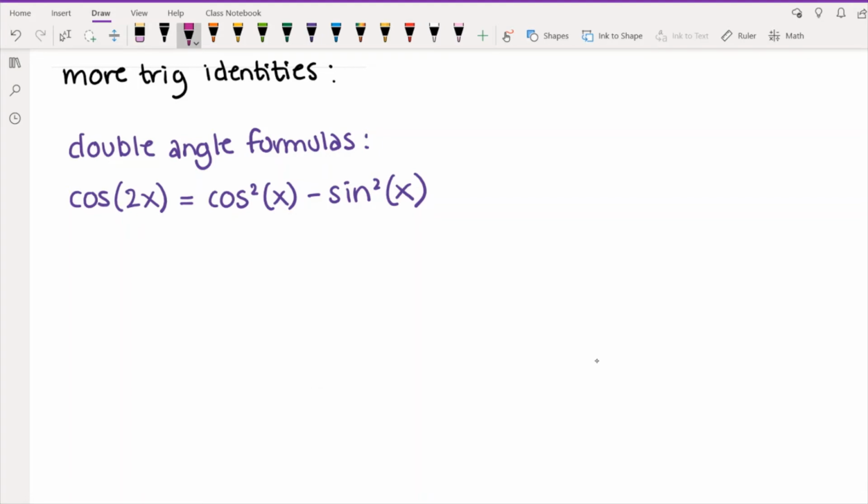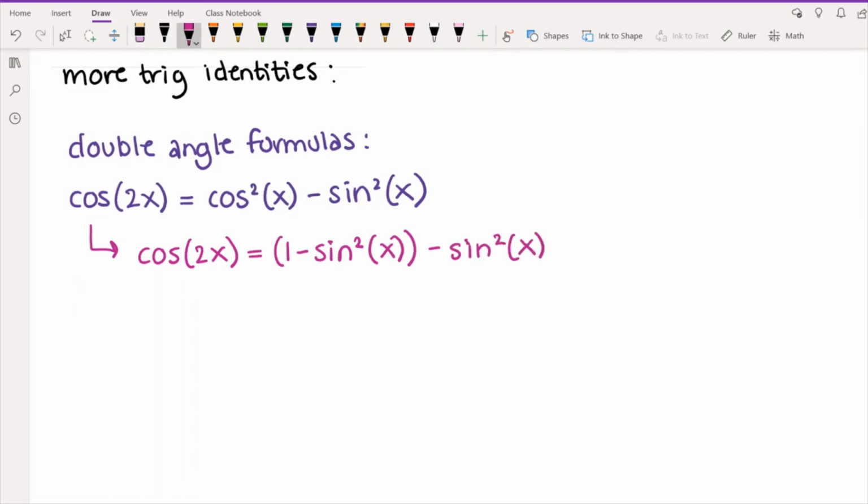If you were to take this formula and replace, let's say, the cosine squared with 1 minus sine squared, you could do it either way. It will give us 2 different formulas, but let's start with this. So if you replace cosine squared with 1 minus sine squared, you would get this, right?